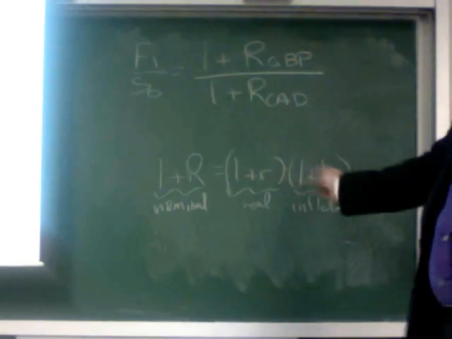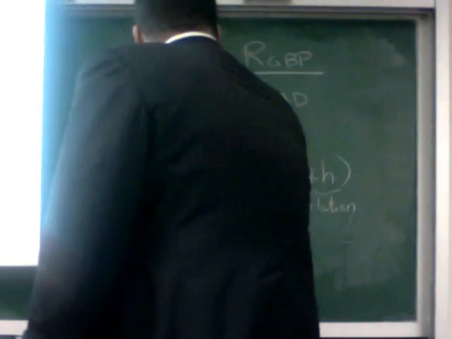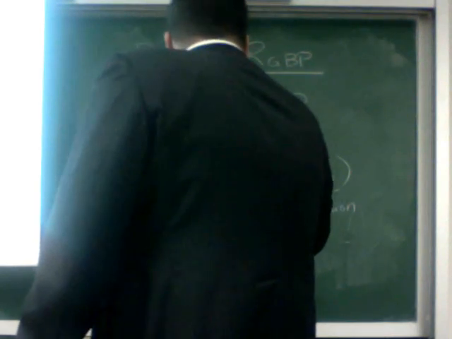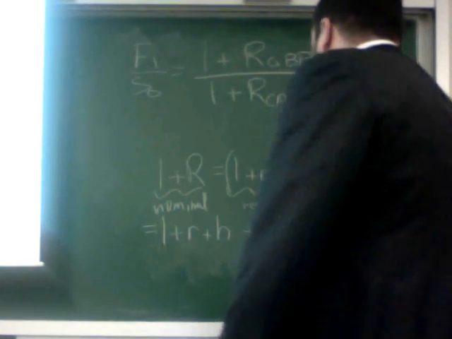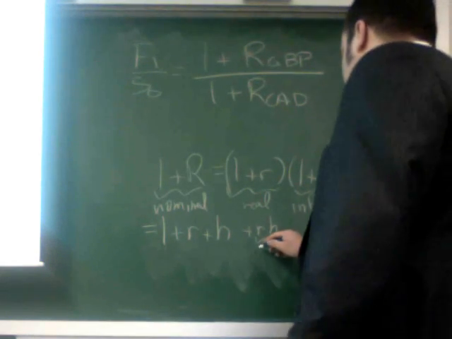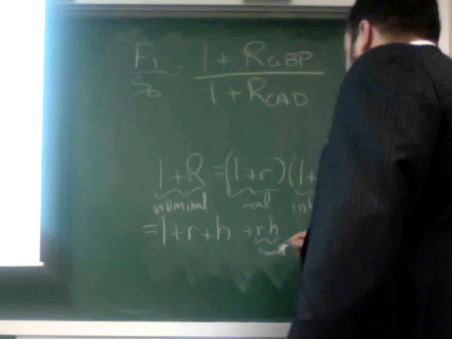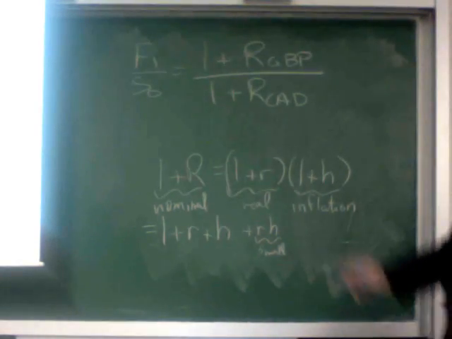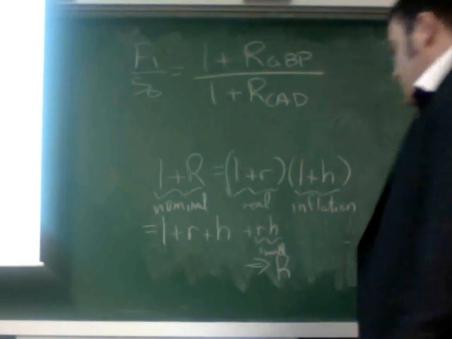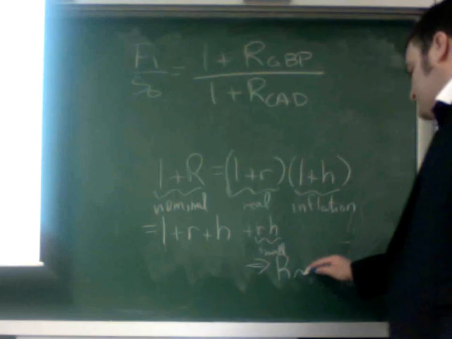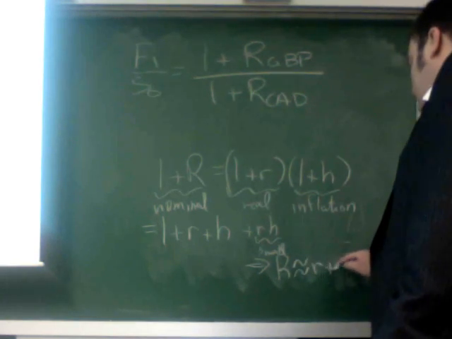And if you write out this, plus H plus RH, but think of this as extremely small. And so that means that what people are used to is that the nominal rate is about equal to R plus H, right?